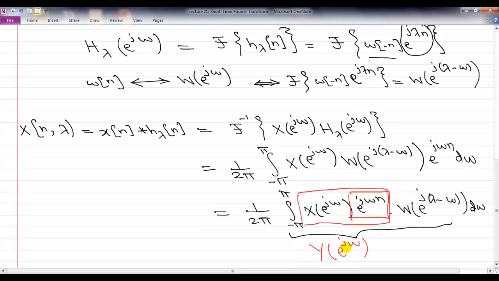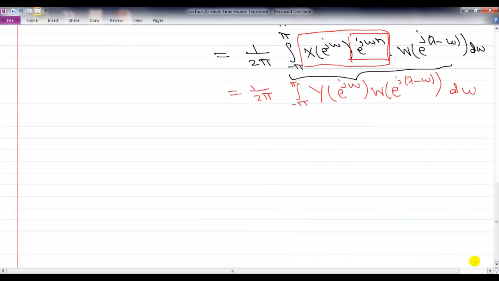So I have Y(e^{j omega}) W(e^{j(lambda minus omega)}) d omega, minus pi to pi, 1 over 2 pi. What is this operation? What is happening between Y and W? If this was minus infinity to infinity, and these were not periodic functions, you would call that convolution, right? So this is nothing but periodic convolution.